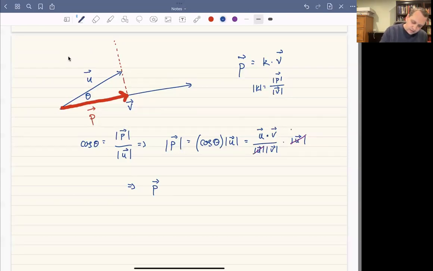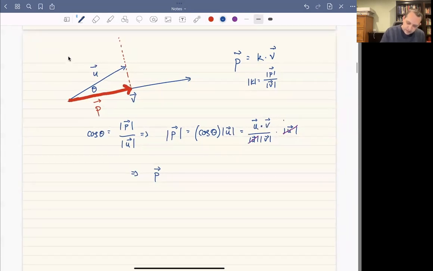So if we plug everything in here, P is going to be K, which is the length of P divided by the length of V. This is U dotted with V. I'm just going to assume for now that P and V point in the same direction.